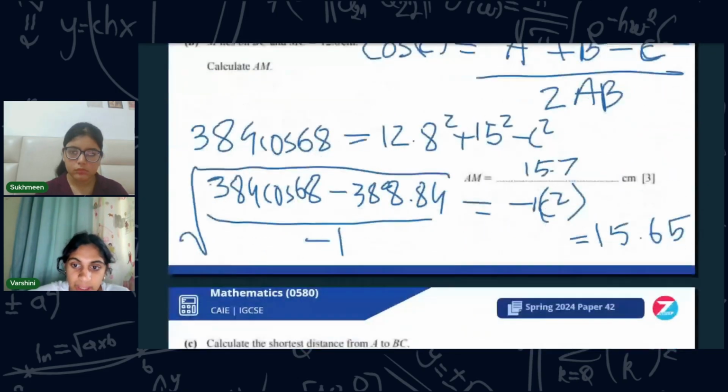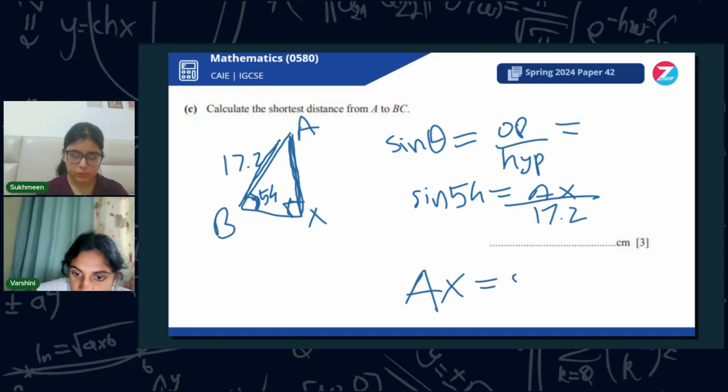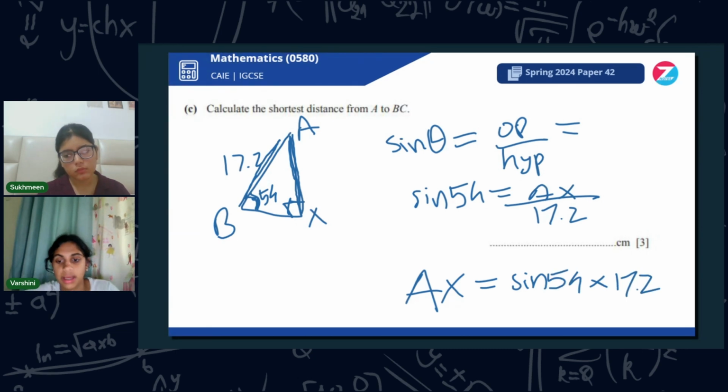Okay, so to calculate AX, we're just going to have to make AX the subject of the formula. So we're going to multiply both sides by 17.2. So AX equals sine 54 into 17.2. Again, just put that in your calculator, and you should get 13.92.